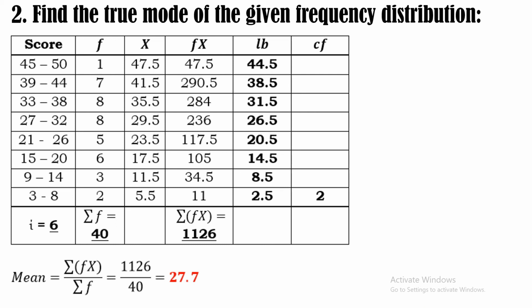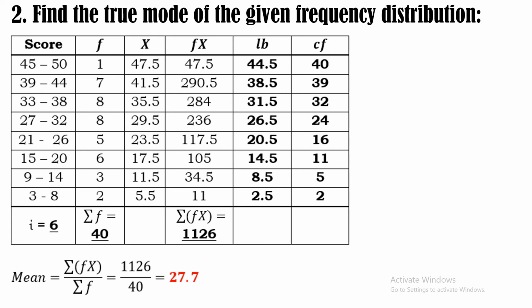So we have 2 plus 3, that's 5. 5 plus 6 is 11. Plus 5 is 16. Plus 8 is 24. Plus 8 is 32. Plus 7 is 39. And plus 1 is 40. So take note, we have the same values for the cumulative frequency of the highest class interval and the summation of f, or the total frequency.